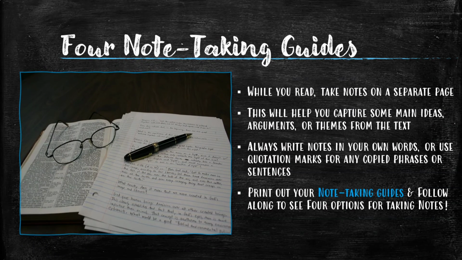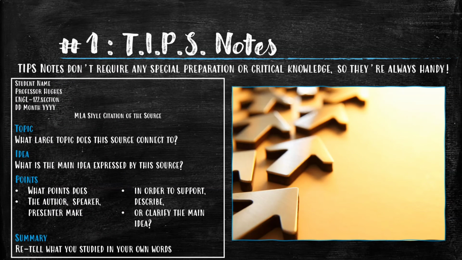After you scan through your source, you may want to have taken notes on a separate piece of paper. If you had not taken notes while you were reading, but you would like to take notes afterward, you can go ahead and practice some of our note-taking guides that we learned about earlier in the semester.